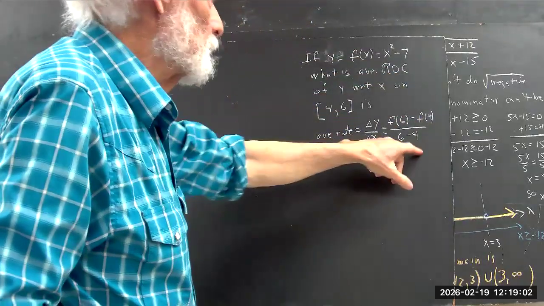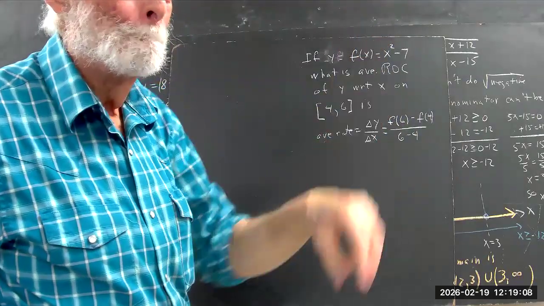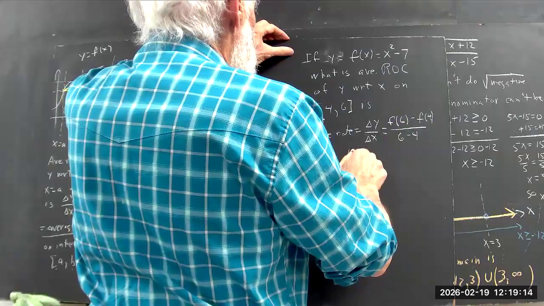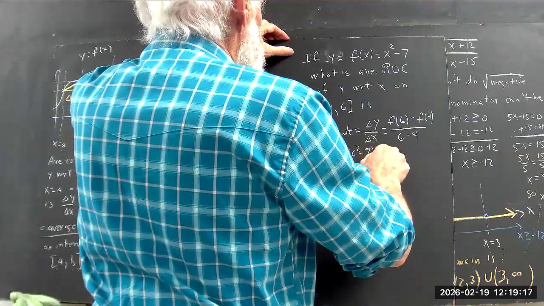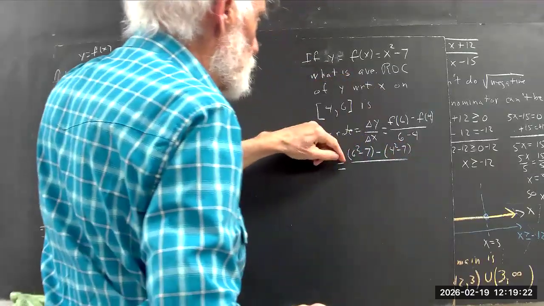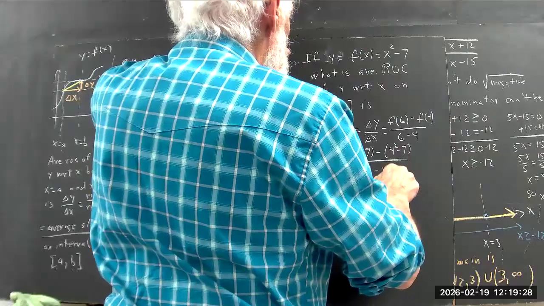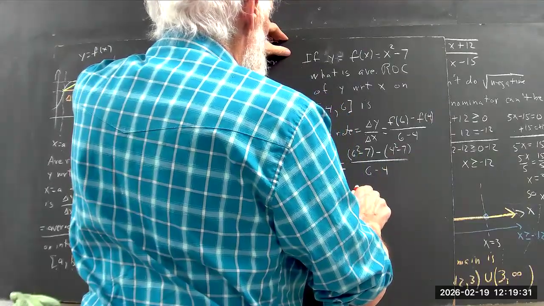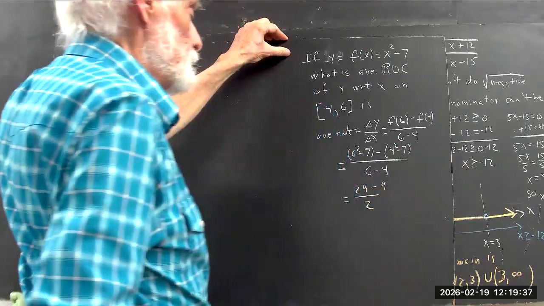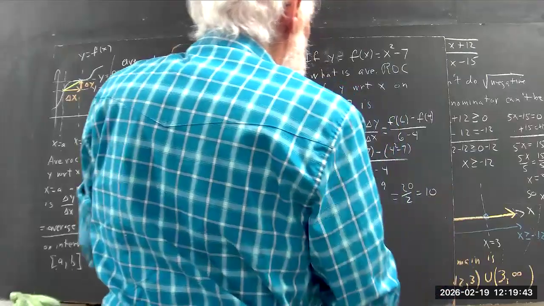Change in x is 6 minus 4. X goes from 4 to 6. It changes by 2. Okay? This equals then 6 squared minus 7 minus 4 squared minus 7, because f of 6 is 6 squared minus 7. That's going to be 29 over 6 minus 4. Okay, so that's 29 minus 9 over 2, which is 20 over 2, which is 10.